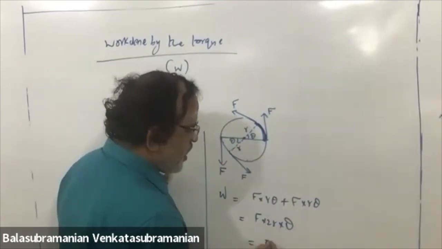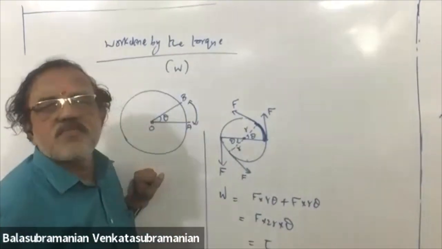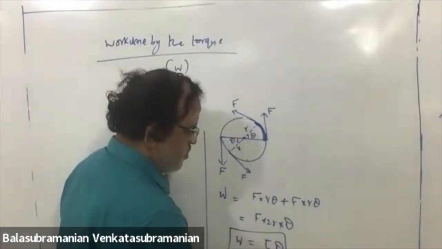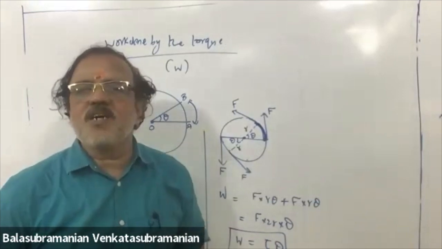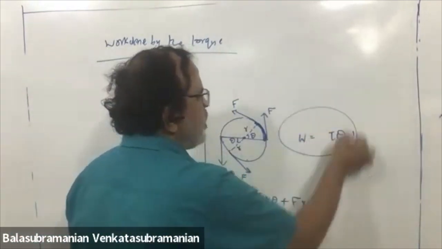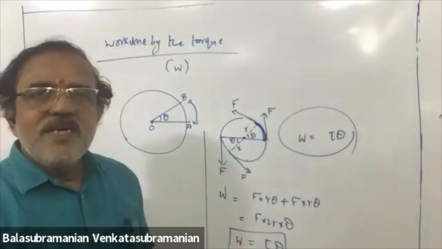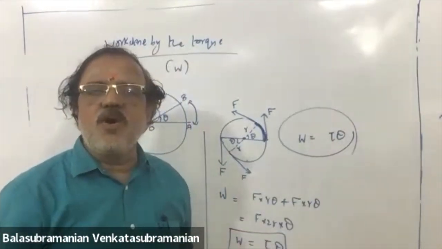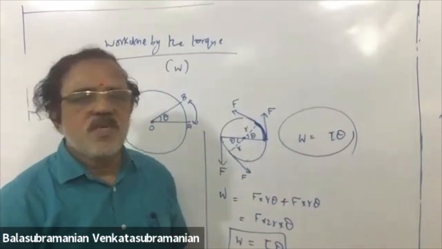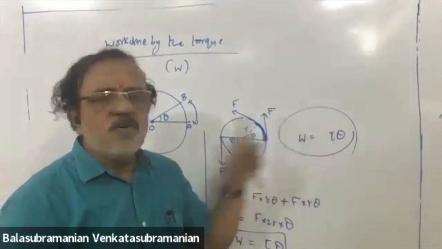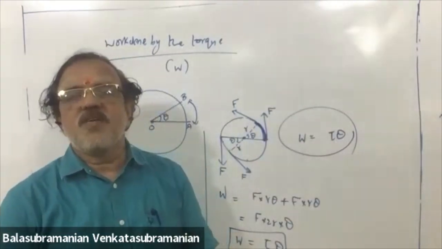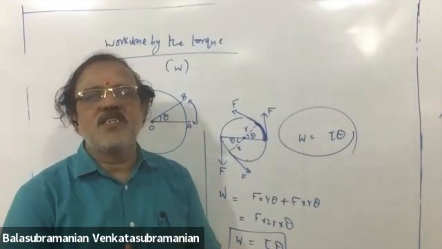F into 2R, we already said, is torque, into theta. So work done by the torque is W is equal to tau theta. In the case of linear motion, we know work done is force into displacement. Here, instead of force, tau; instead of displacement, angular displacement theta.